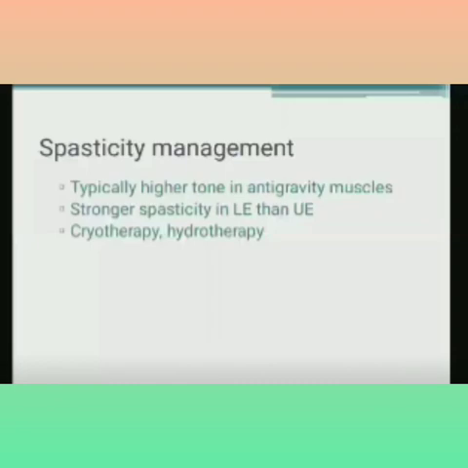That hampers their working process or functional activities. For that, you can do cryotherapy for a prolonged time, which will decrease the tone of the muscle. Then you can do slow, sustained stretching or positioning.